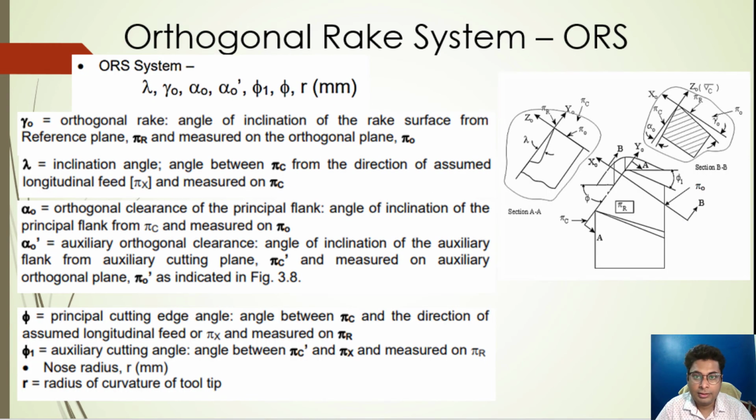Now this is the system with which the tool angles are shown in orthogonal rake system. Suppose pi o, what is pi o? Orthogonal clearance angle of the principal flank, that is angle of inclination of principal flank pi c and measured on pi o.